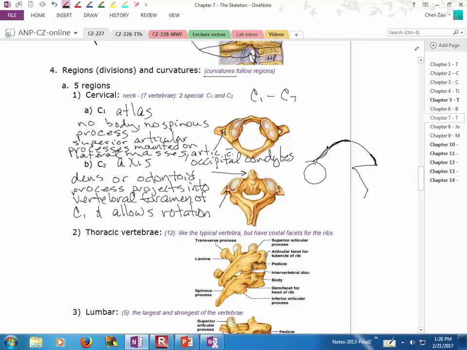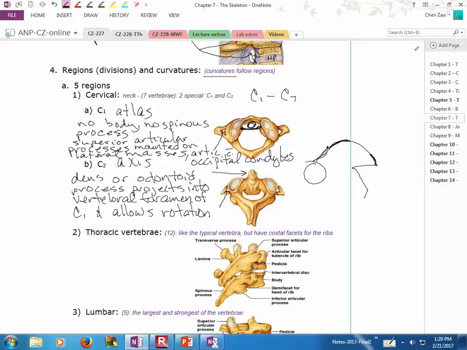And so this Dens or odontoid process is actually found up here. And some say it's the lost body of C1. And there is a super strong ligament across from each lateral mass that helps to keep it in place.